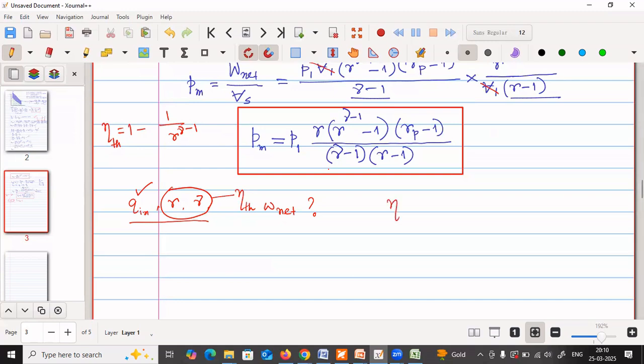And thermal efficiency is equal to W net by Q in. So Q in is given here and efficiency you have just calculated. Therefore, you can determine W net without this lengthy work formula.